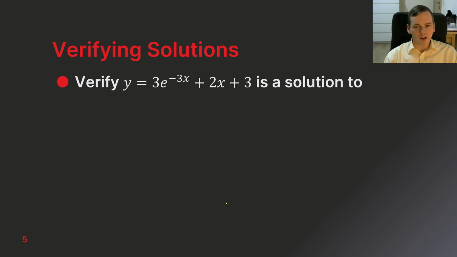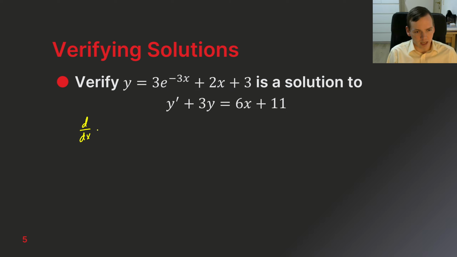So we talked about how verifying differential equations was just by plugging into the equation. So we're going to do that here. I'm just going to take this y and I'm going to plug it into my equation here. So we will need to rewrite it really briefly. d by dx of y plus 3y equals 6x plus 11.